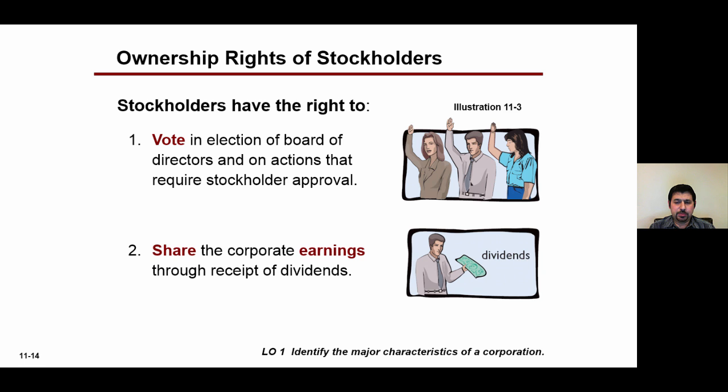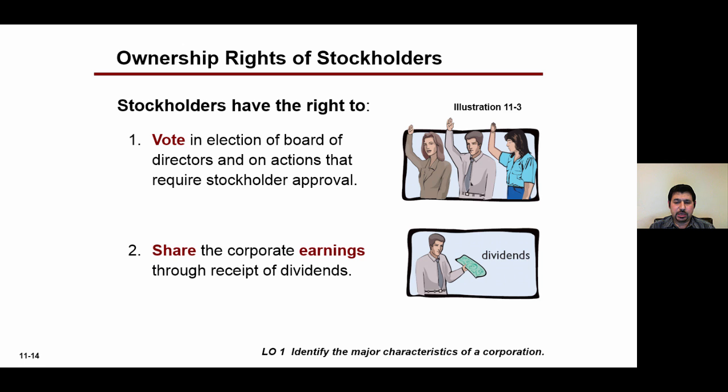So the ownership: when an investor purchases some stocks, they would also get certain rights. Ownership rights of shareholders include the right to vote.